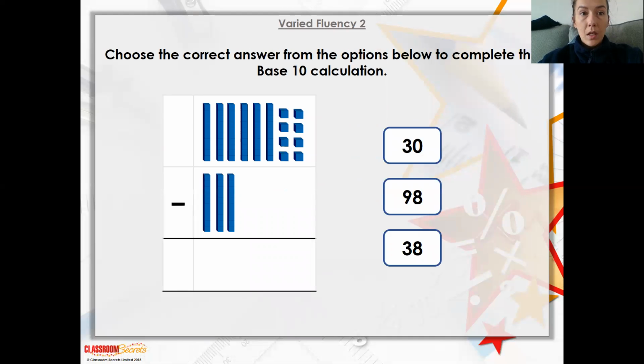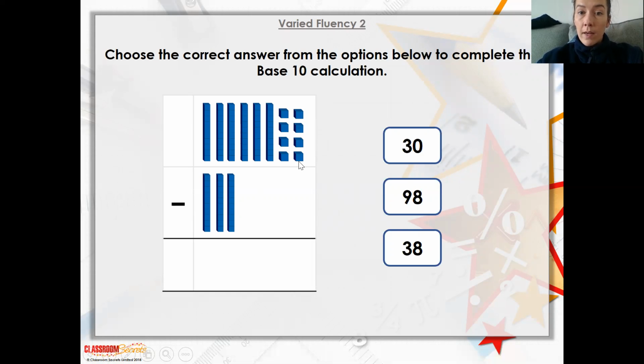Okay. So to choose the correct answer from the options below to complete the base 10 calculation. So it's giving you a choice. Note here how it is a subtraction, it's not an addition. So the 30 below will have to be taken away from the top number. So what I would do first, I'd work out, right, so it's 10, 20, 30, 40, 50, 60.